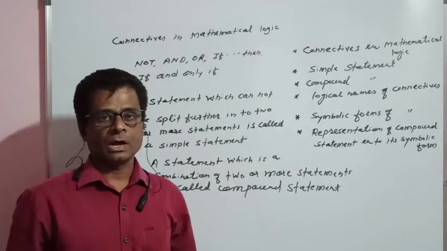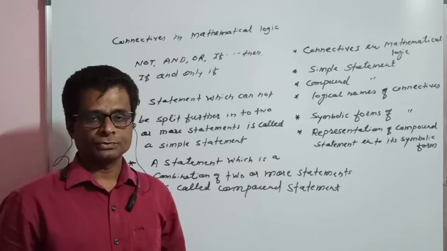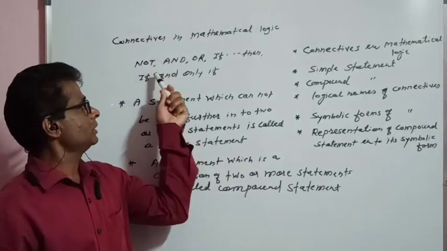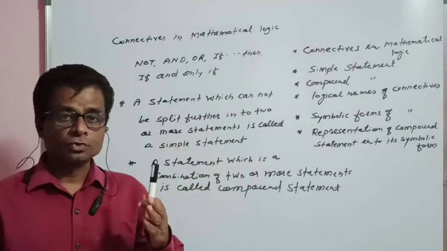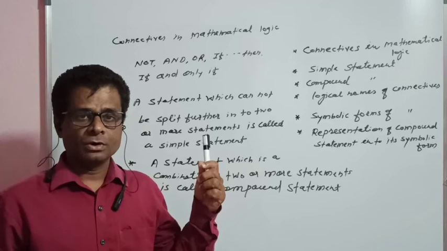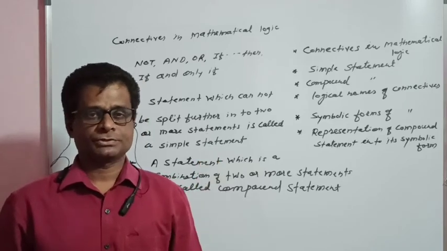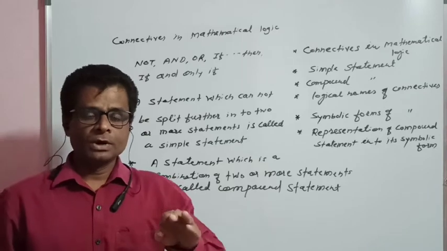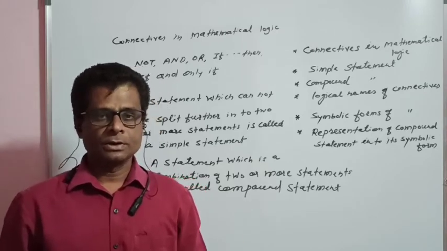These words are known as the logical connectives. Except this word not, the remaining words are used to combine two or more statements, whereas by using not, it is not possible to combine the two statements. Even then, the word not is considered as a connective in mathematical logic.